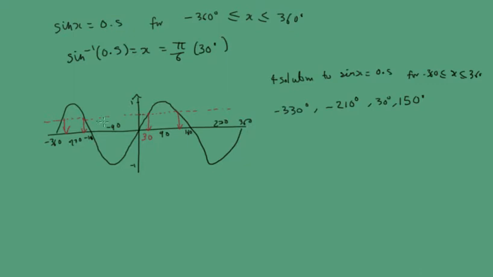And we get that by, if you think about here, 180 minus 30 is going to be the 150.